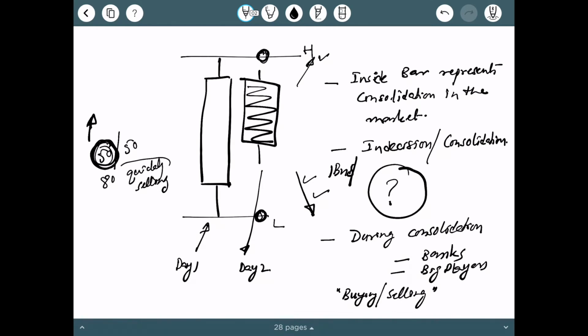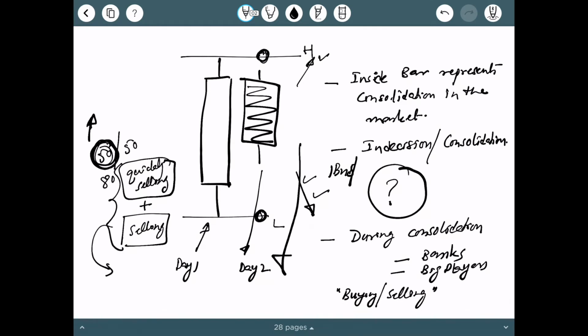And once they are quickly selling, and at the same time the big banks are selling, it creates a double effect. So the market shoots down very, very fast. And once the market shoots down very fast, that's where professionals or small traders get in and go in the direction of the pair. What I want to emphasize is that an inside bar is an excellent opportunity for you to trade.